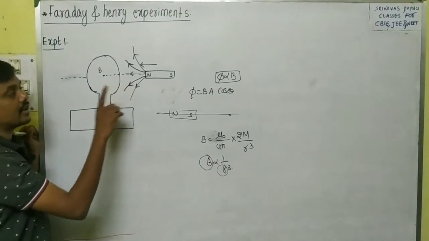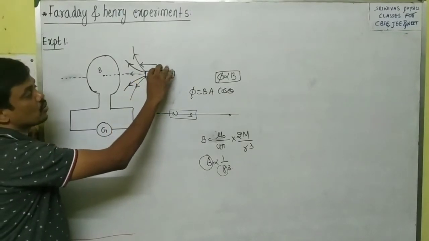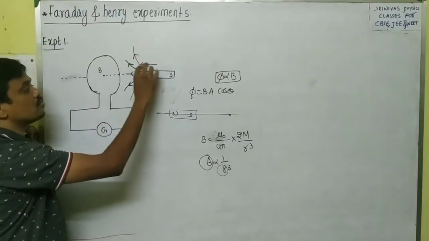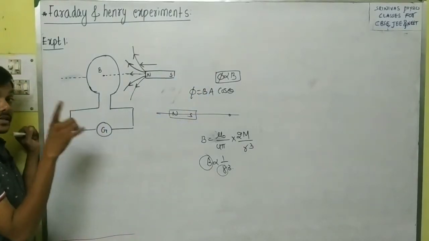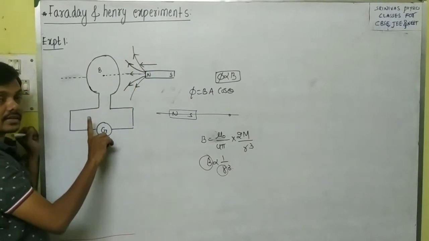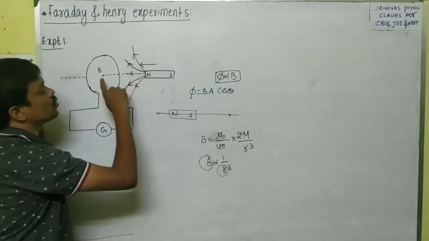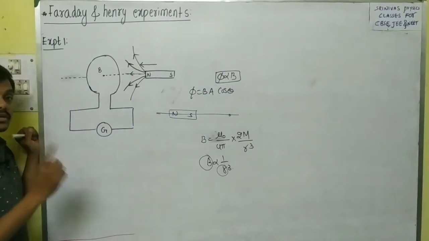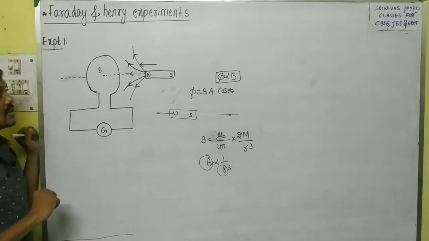That means the final conclusion is that when we move the magnet either towards the loop or away from the loop, the galvanometer deflects, but the deflections are opposite. When we move the magnet towards the loop, the deflection is in one direction, and when we move the magnet away from the loop, the deflection is in the direction opposite to the first one. Okay, the deflection direction is changing.